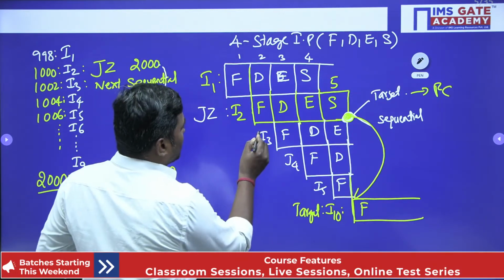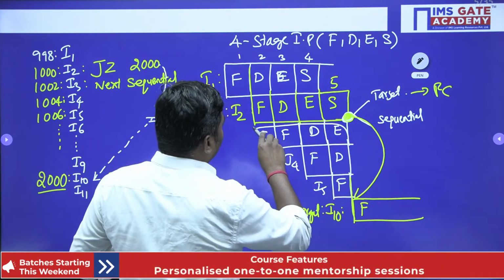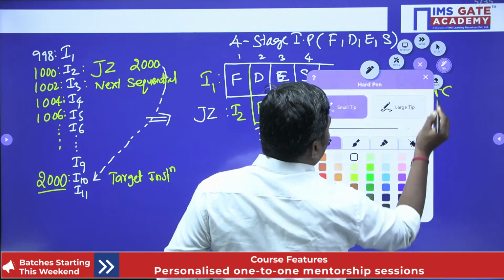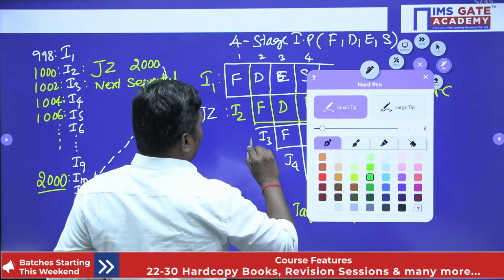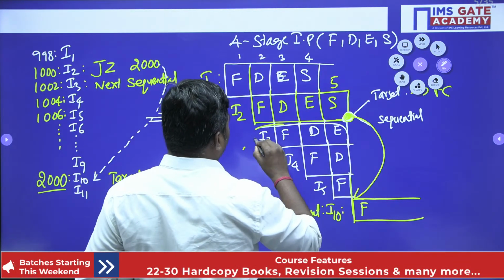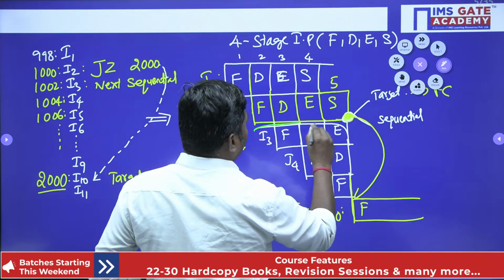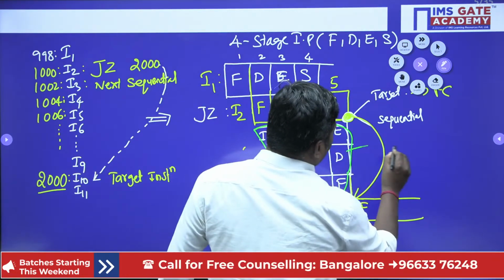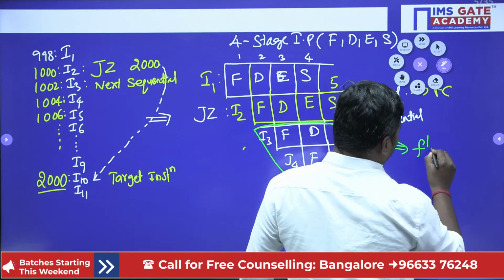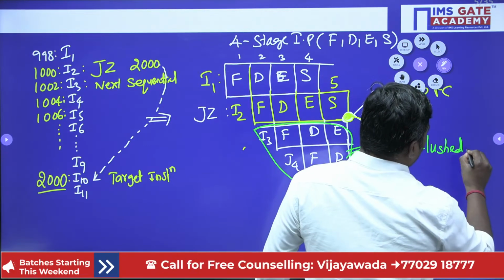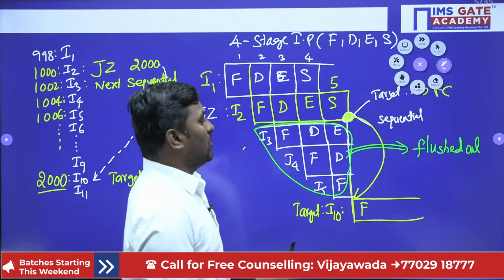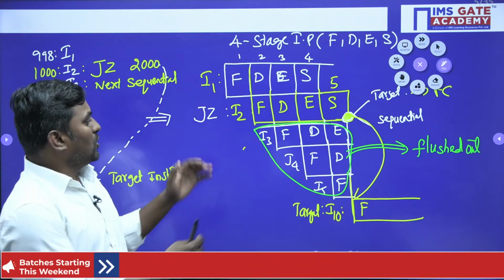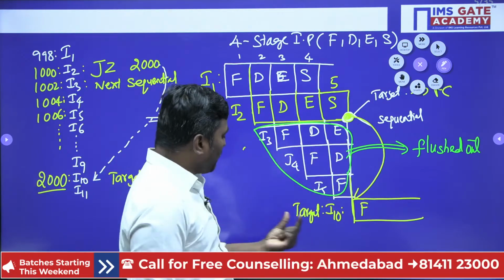Please observe this many instructions, I'm marking them, all of you observe. This many instructions need to be flushed out of the pipeline. When the pipeline is empty, a fresh instruction needs to be fetched.